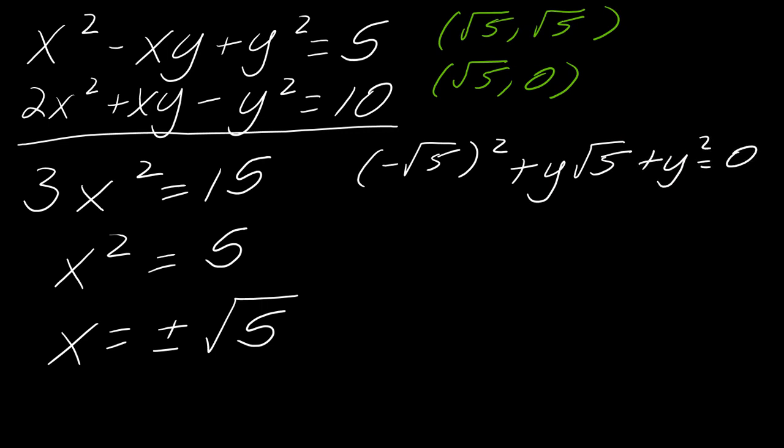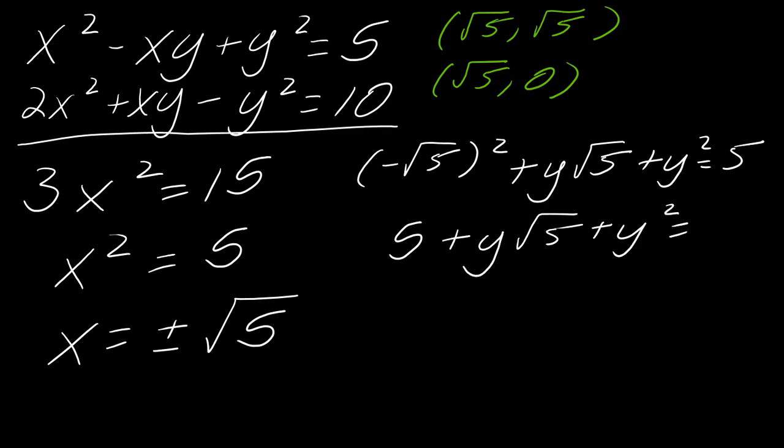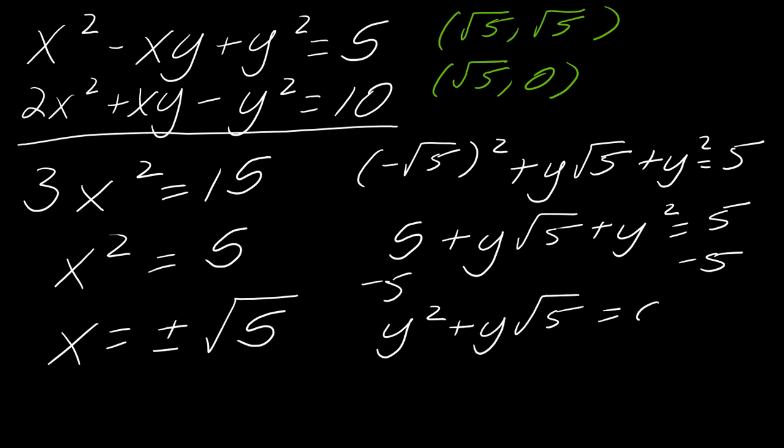Okay, so now if I work through this, this becomes, oops, and this equals 5, not 0. Okay. 5 plus y square root of 5 plus y squared equals 5. So once again, I can subtract off the 5's. So I have y squared plus y times the square root of 5 equals 0. And I can do that same trick.